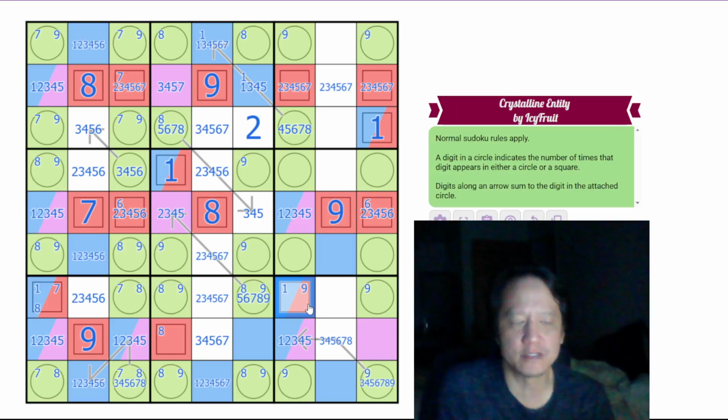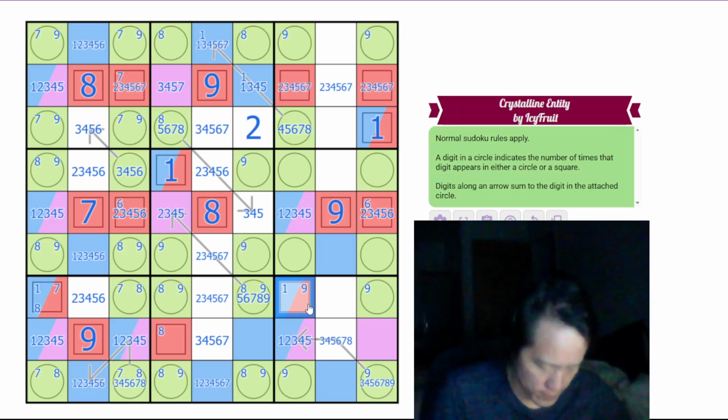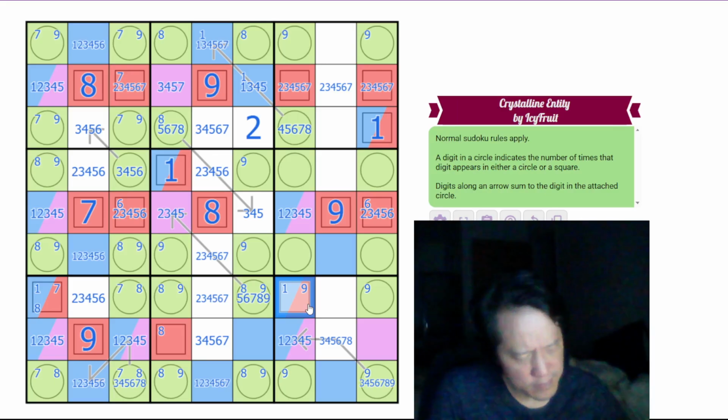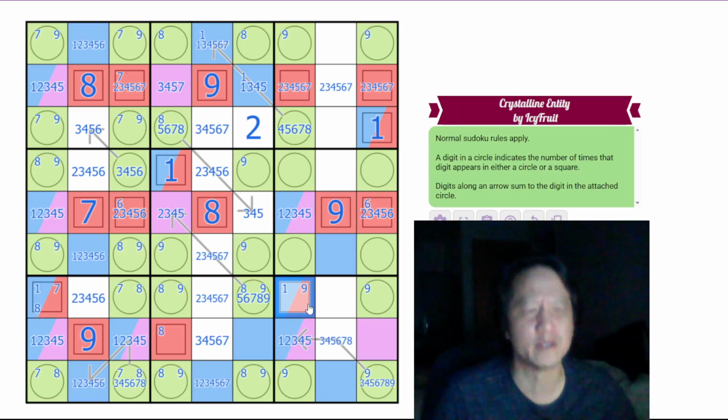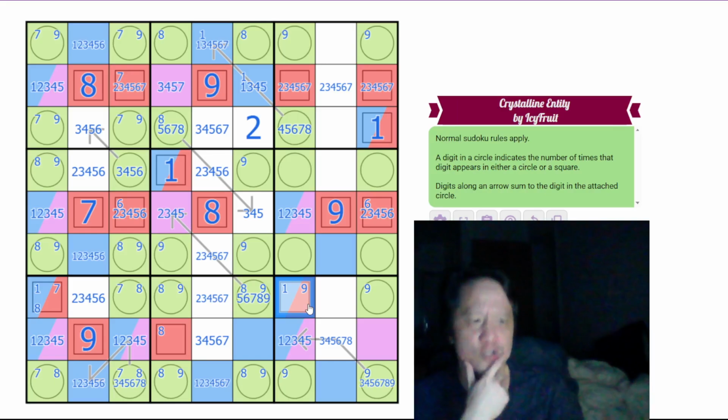It has to be in a circle, too. Does it? Maybe it doesn't. Could be 2 squares, maybe. Yeah, it could be 2 squares.